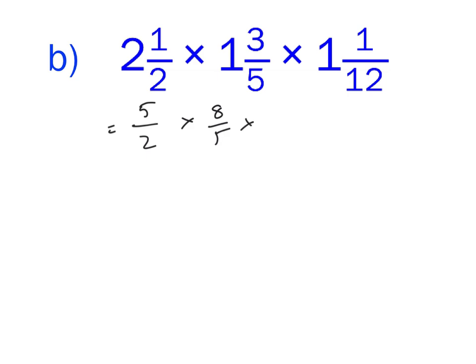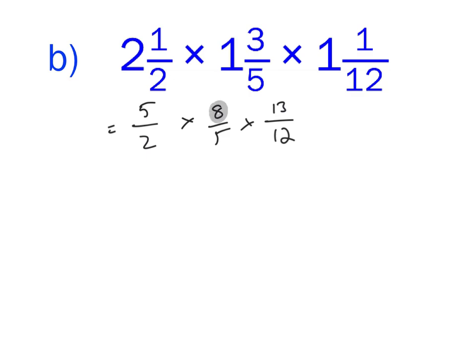And 1 1/12 becomes 13 over 12. Good. We have some options here of where we want to start. The most obvious place to start, do you think, is where? How do you want to do this? Give me a top and give me a bottom.